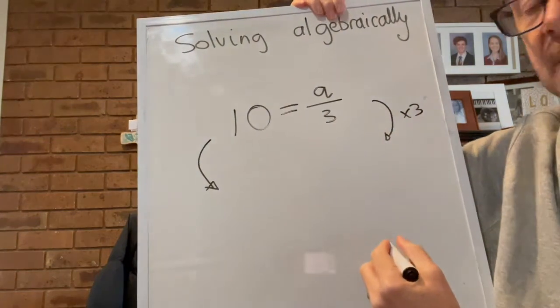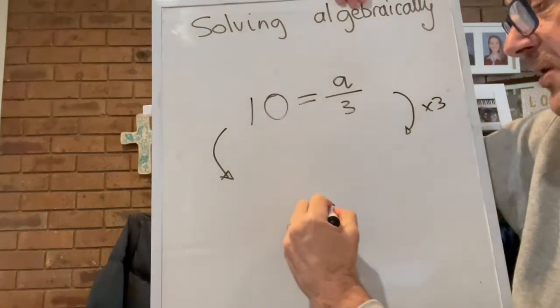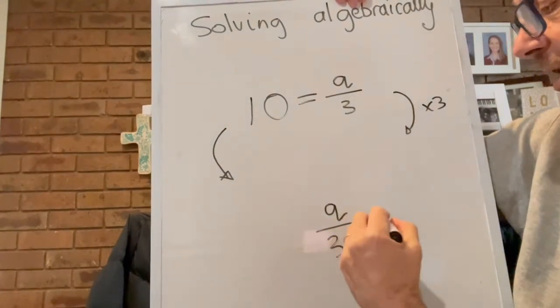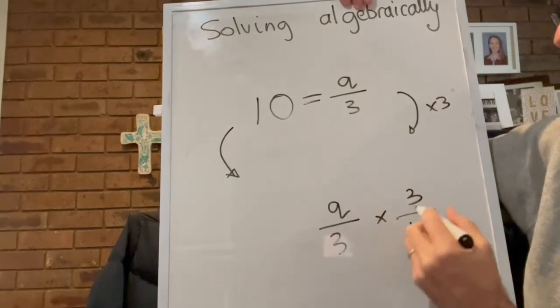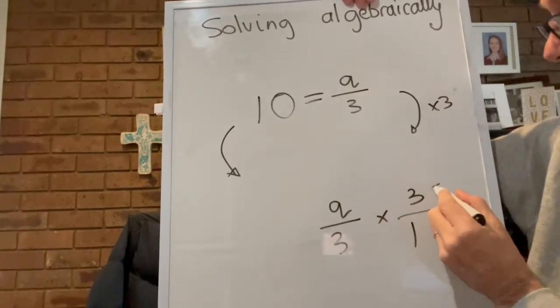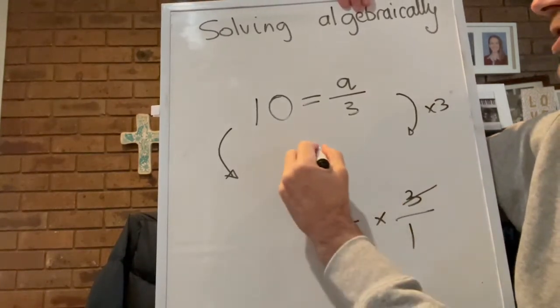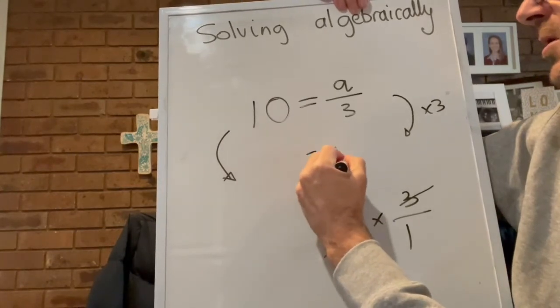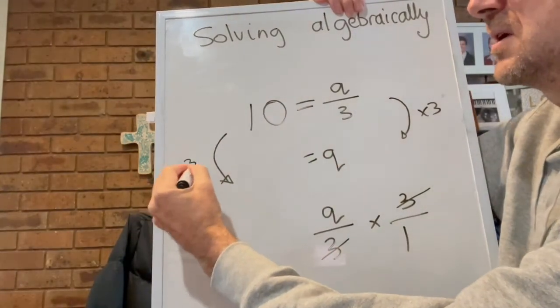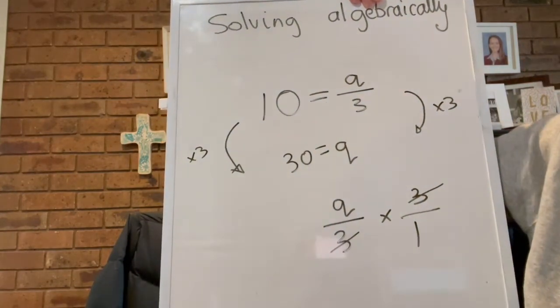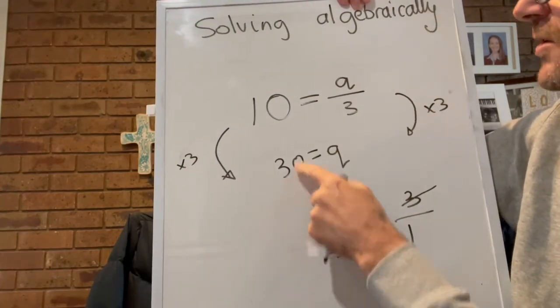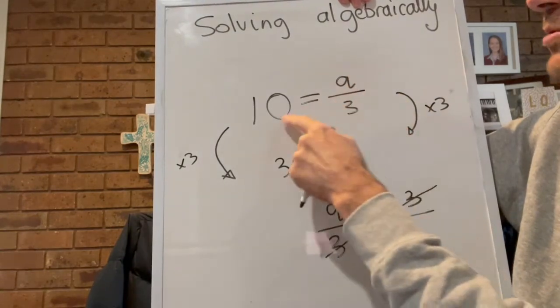Just to show you how that would work, q over 3 times by 3, which would be 3 over 1, and then you can cancel those 3's like that, and that will leave you just with a q. And then times by 3 on this side, so 3 times 10 will give you 30. And if you substitute 30 back in here, 30 over 3 will give you an answer of 10.